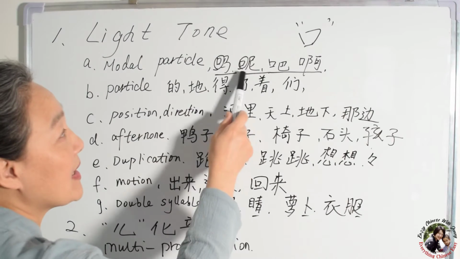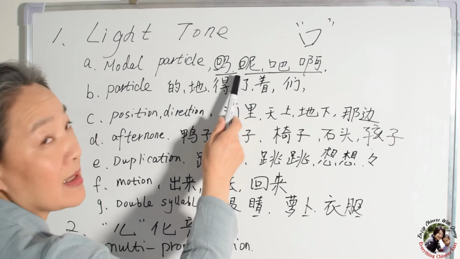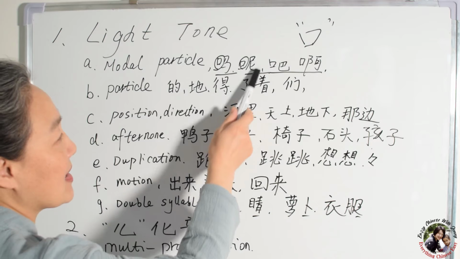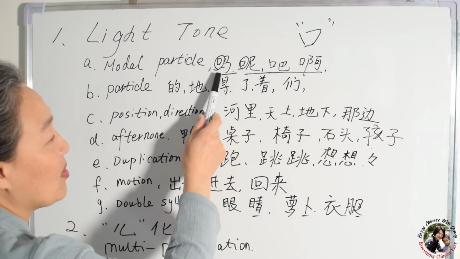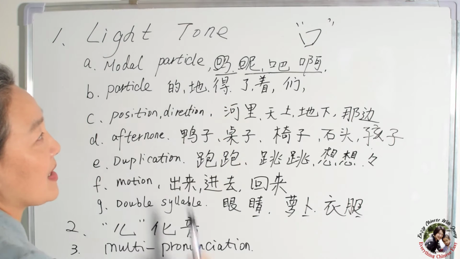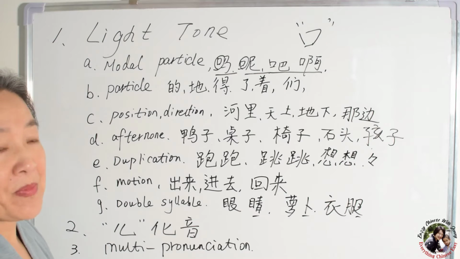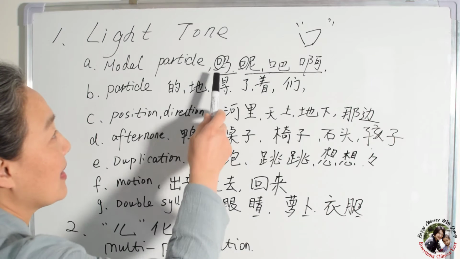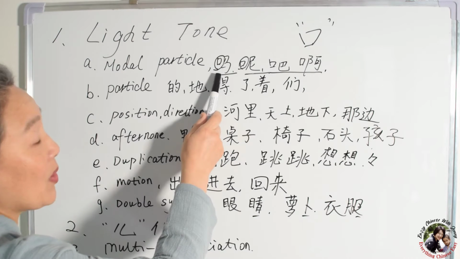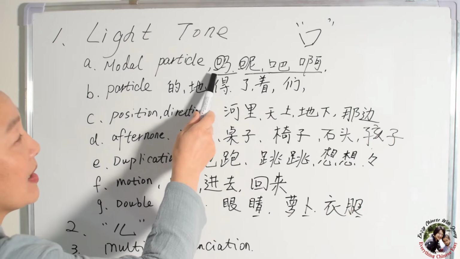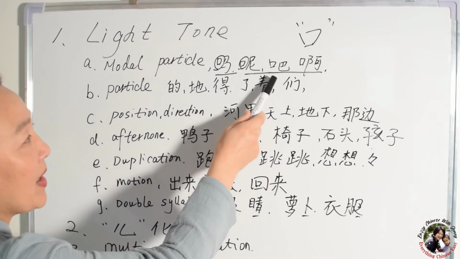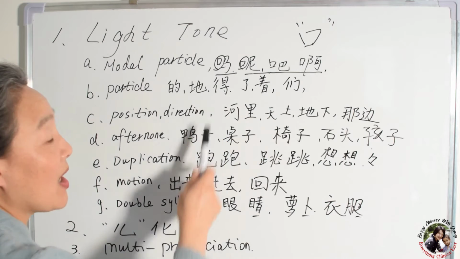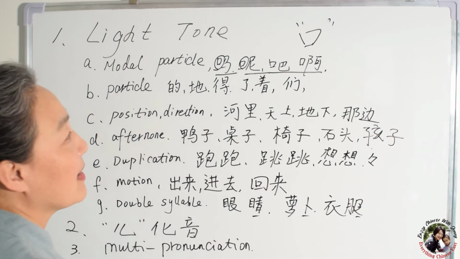How about you? 你呢? This is always used in a question sentence. Also, this one is always used in a question sentence. I would like to have a cup of tea. How about you? 你喜欢吗? 你好吗? 好吧? This answer, 好吧, I like. This is a question, 好吗? 好吧.